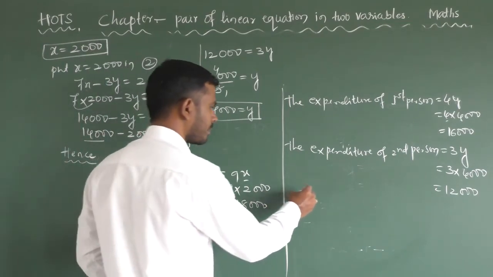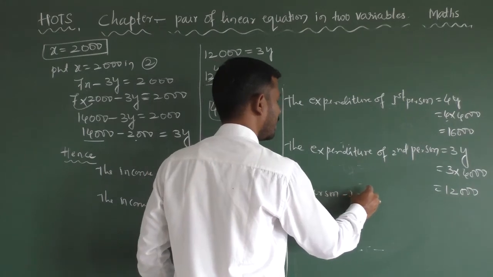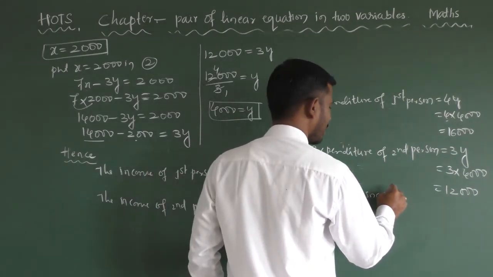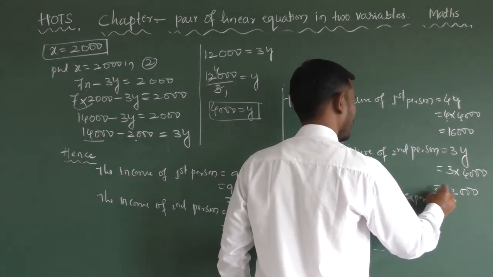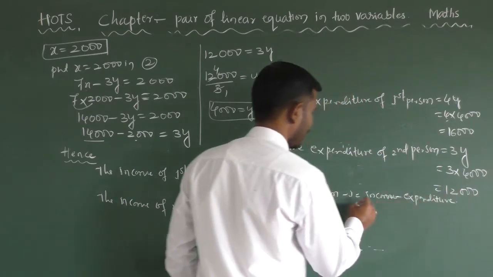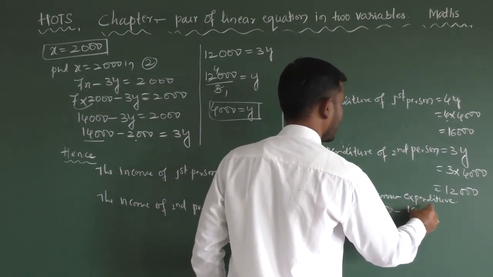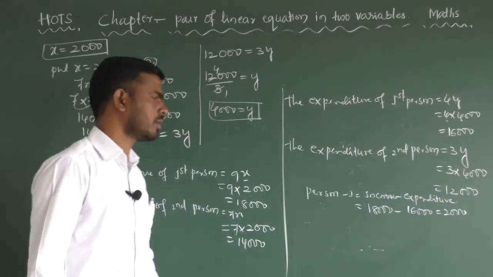So for person 1, income minus expenditure: income is 18,000, expenditure is 16,000, equal to 2,000.